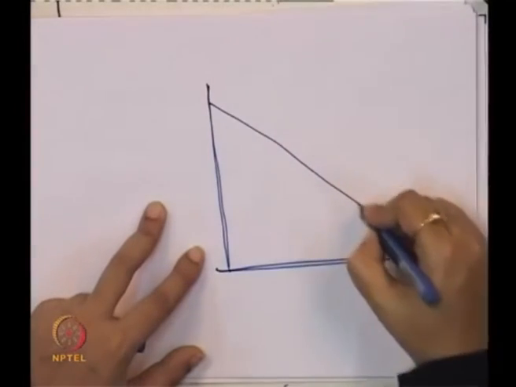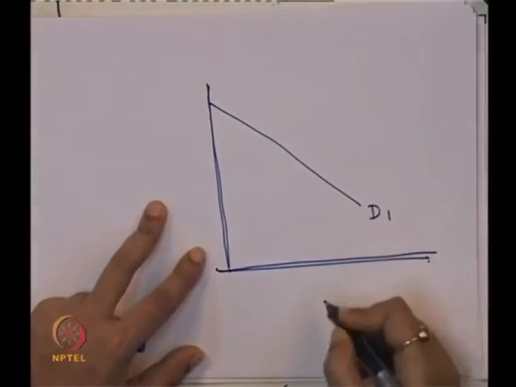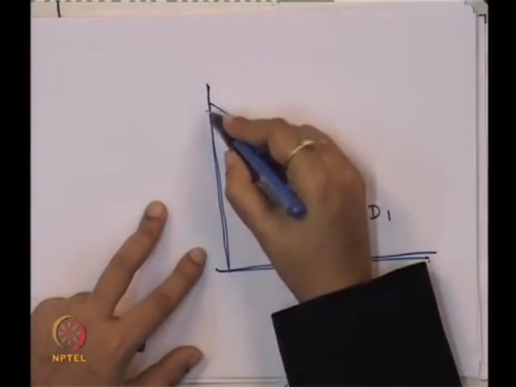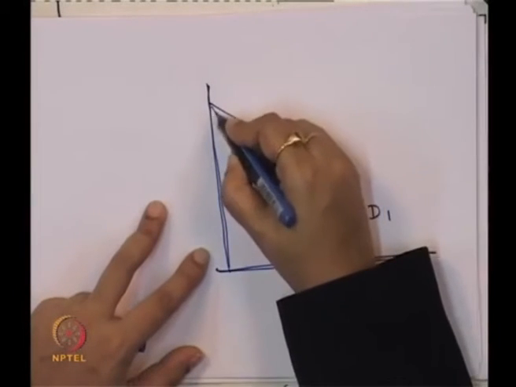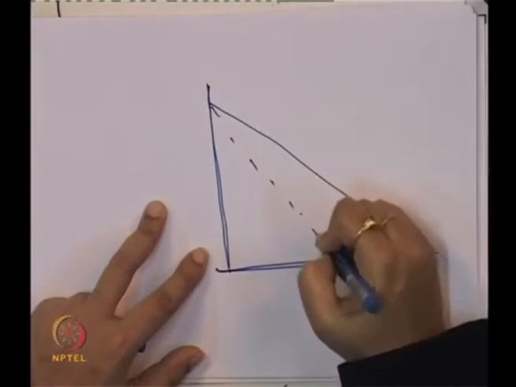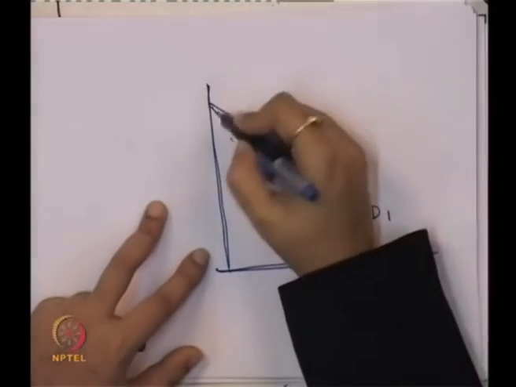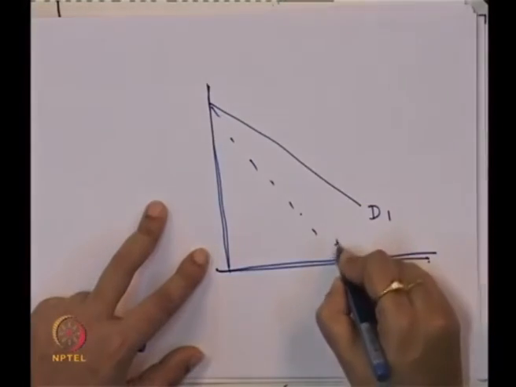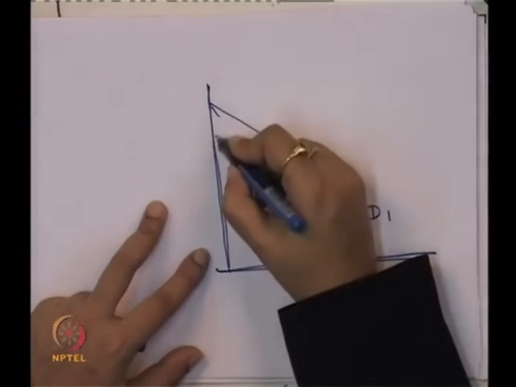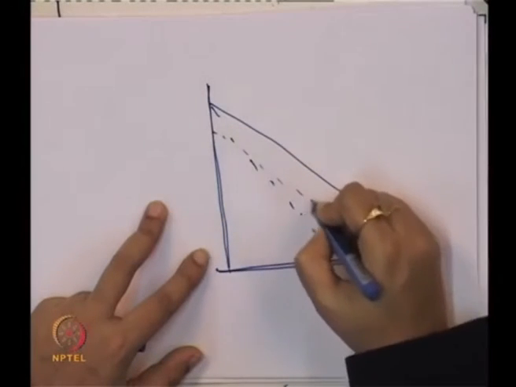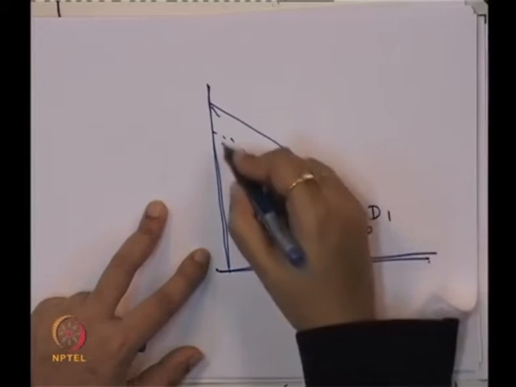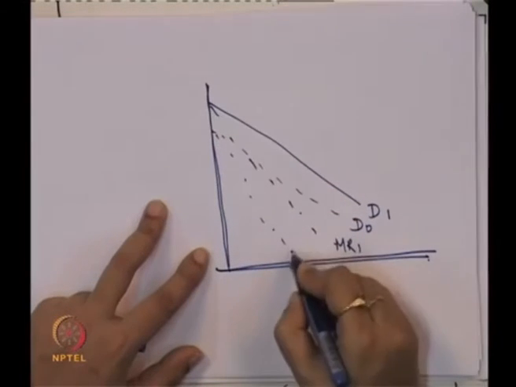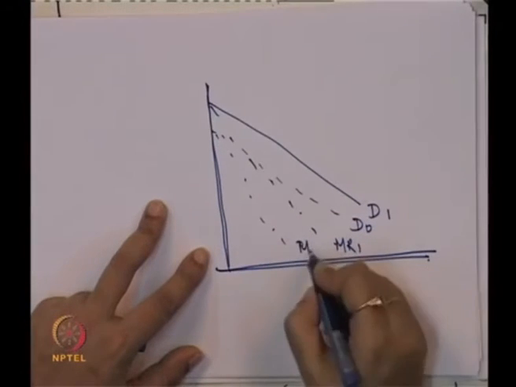So, suppose this is your D1, this is D0, or you can call this MR1, this is D0 and this is MR0.